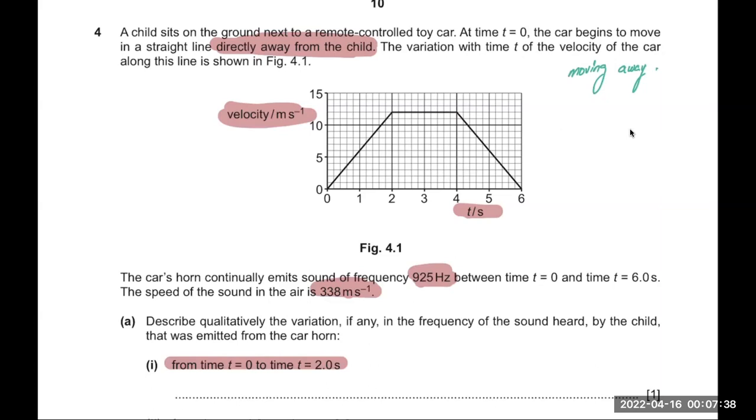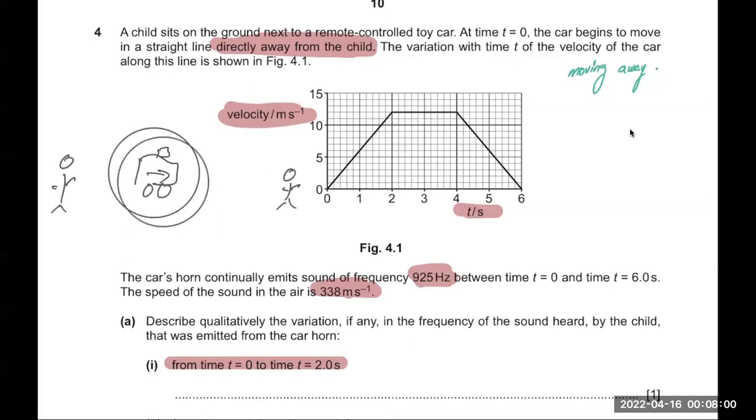I believe there was a diagram that we drew in class. There was an ambulance with a siren on top. You had a person over here, a person over here, and the ambulance is moving to the right, and you had sound waves like these.